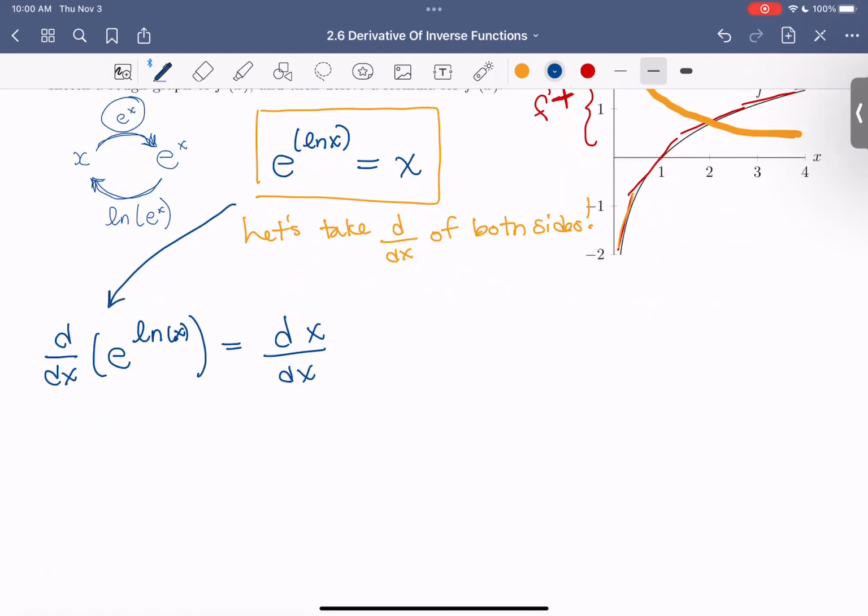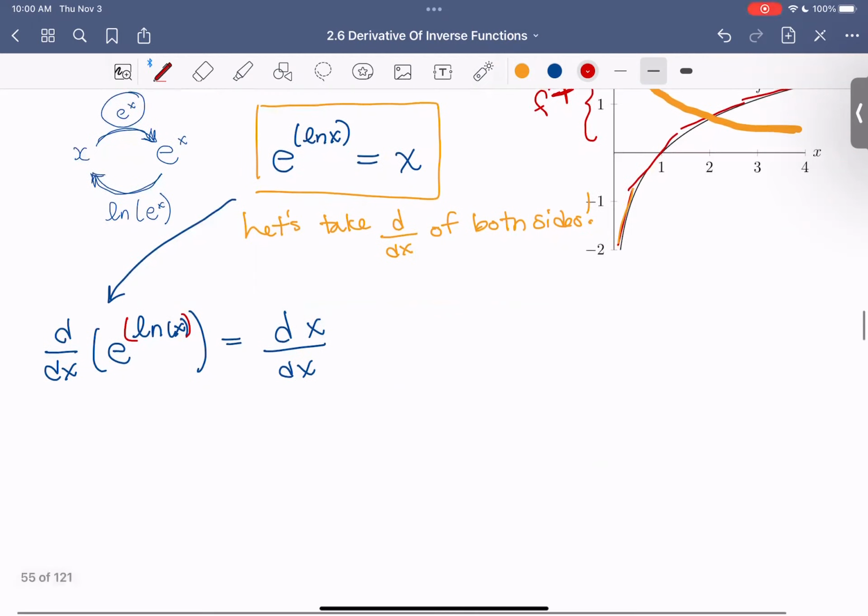So now let's look at both sides separately. On the left side, we have a composition of the exponential function e to the power, and inside that function, we have another function, ln of x. So let's call that inside function u. We can recognize this left-hand function as a composition, and so we need to take the chain rule. So to do the chain rule, we take the derivative of the outer function.